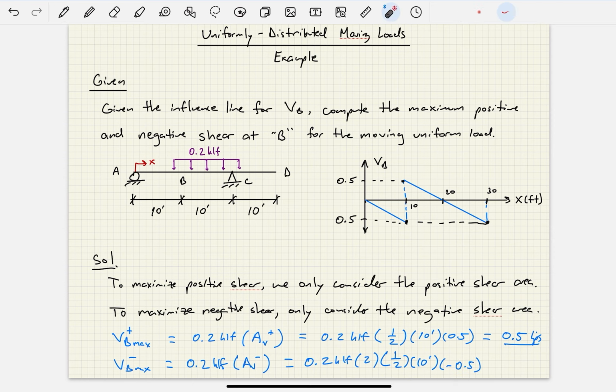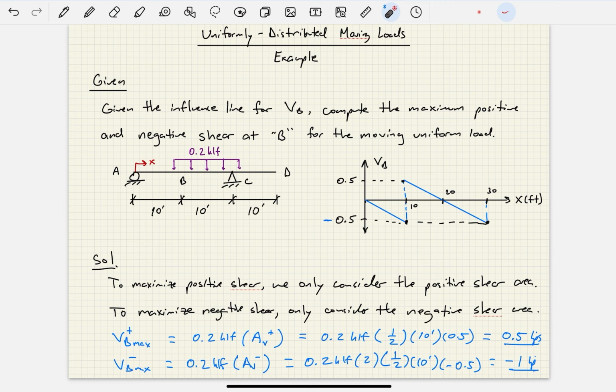Where does that negative come from? Well, that negative indicates that this is a negative area, because we're in like quadrant 4. And so we crank it through and you should get -1 kip. So that is your maximum positive shear at B, and that's your maximum negative shear at B.